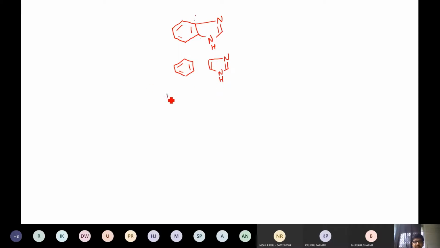So this is benzo. You can draw some bracket here, and imidazole.